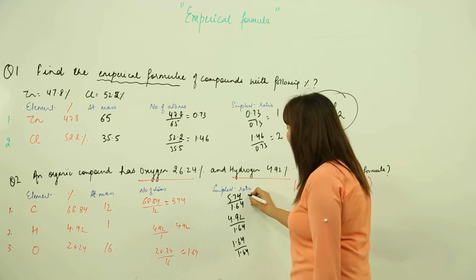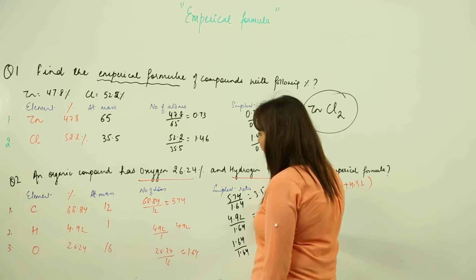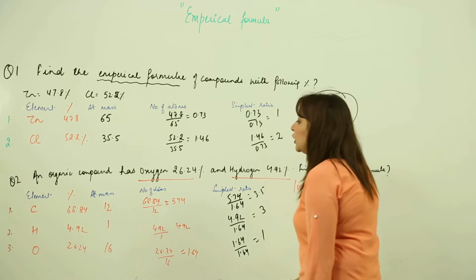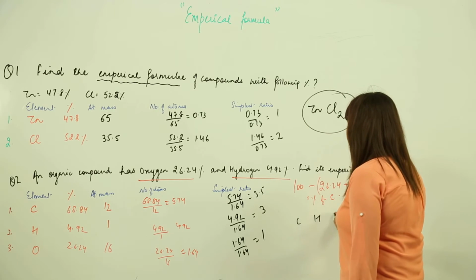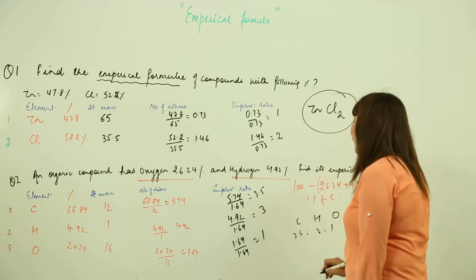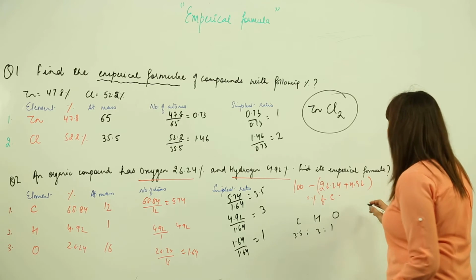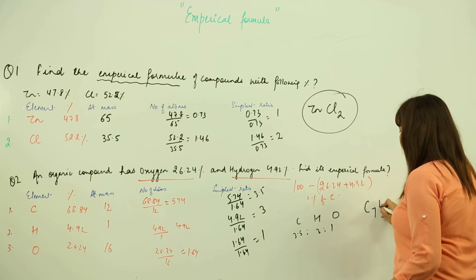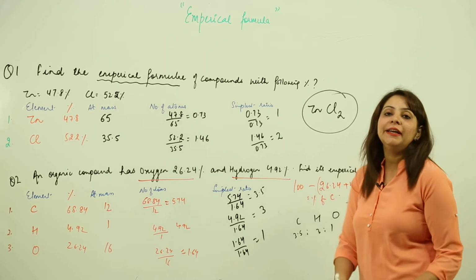As a result we get 3.5, 3 and 1. So the carbon, hydrogen and oxygen are in this ratio. To get a whole-number formula, you just double these quantities. They become C7H6O2. So this is the empirical formula.